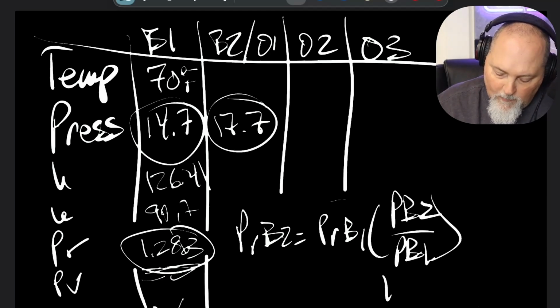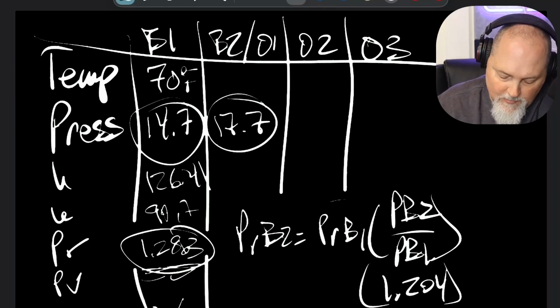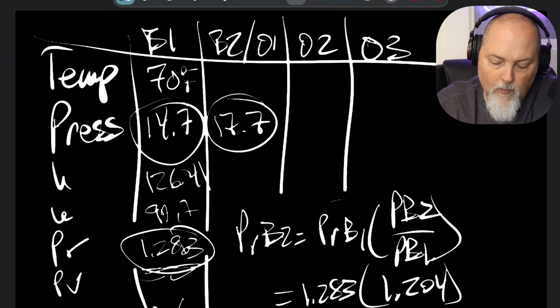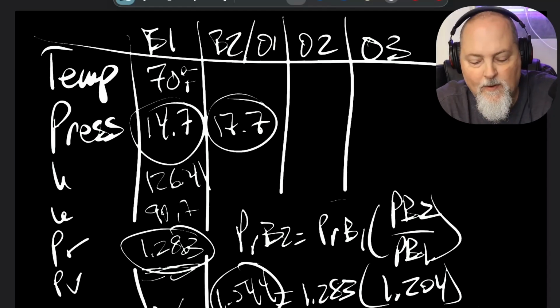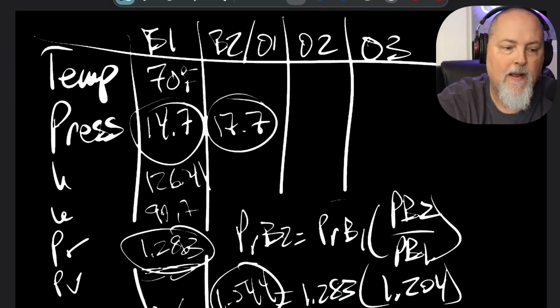So 1.204 times 1.283 gives me a pressure ratio 2 of 1.544. So now that's how I find my B2 points.